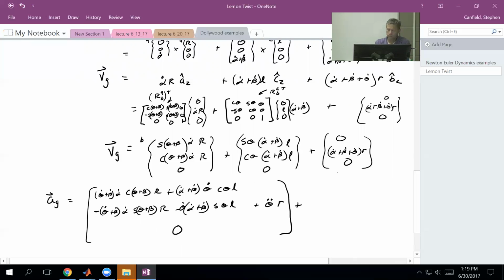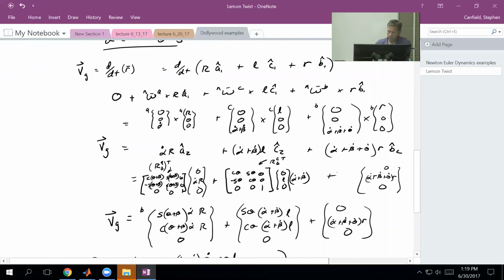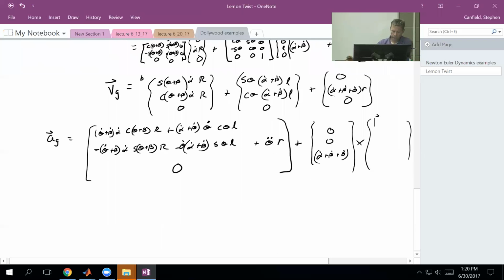Plus the angular velocity, which we said was 0, 0, alpha dot plus beta dot plus theta dot, crossed with this whole thing there. So let's see if we can write all that out. Well, actually, let's write this term once first. We get a k cross an i, that gives us a j. So we get alpha dot plus beta dot plus theta dot times all of these i terms.